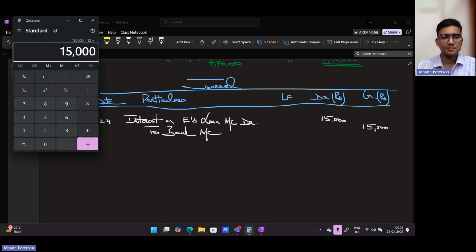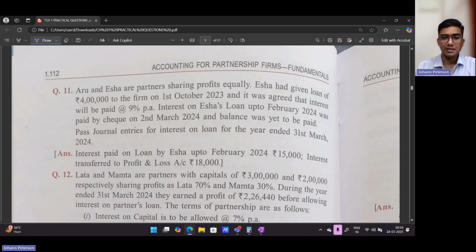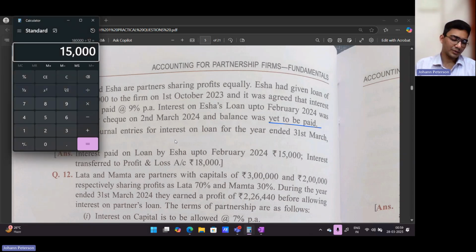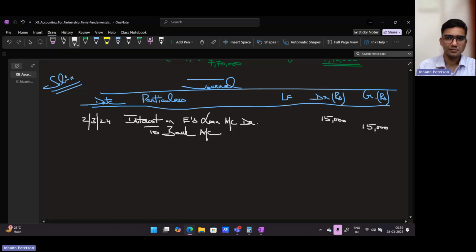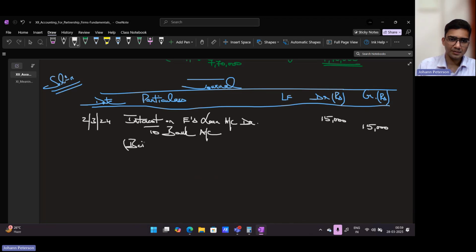Okay. After this, the remaining is yet to be paid. That's what it is saying. So in this case, we're going to show this within his loan account, at the end of March. First of all, let's write the narration for this: being interest on his loan paid up to Feb.